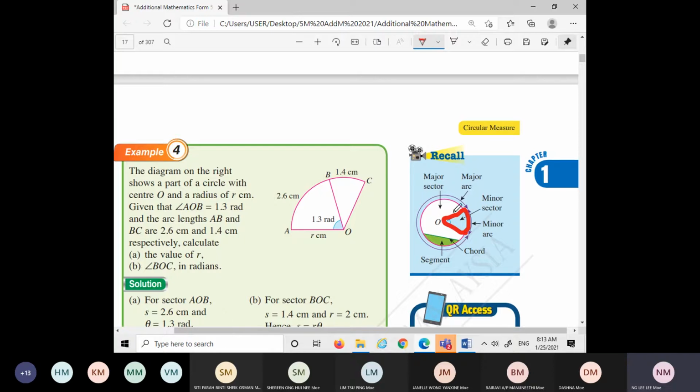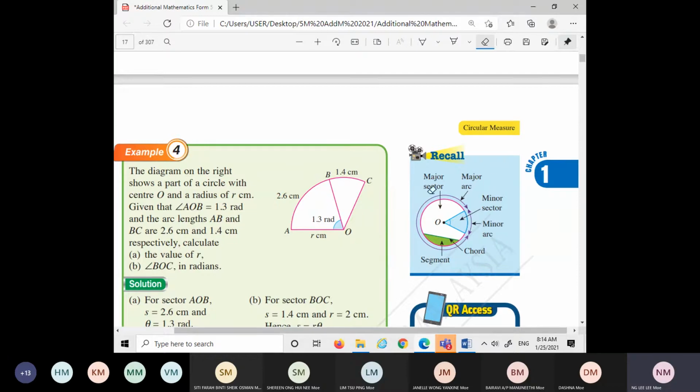So this piece of pizza, the smaller piece, we call the minor sector. Then the bigger piece, the balance, this whole piece, we call the major sector.